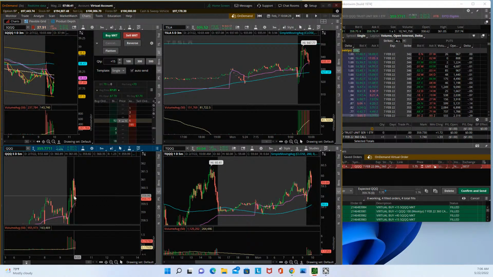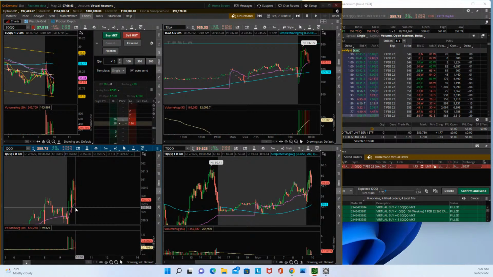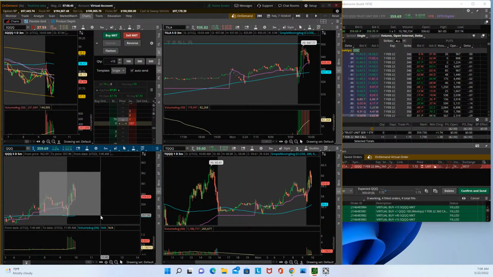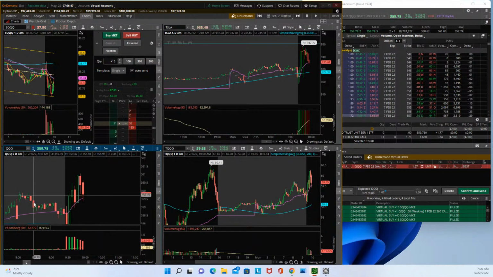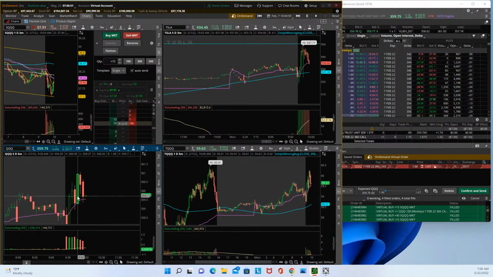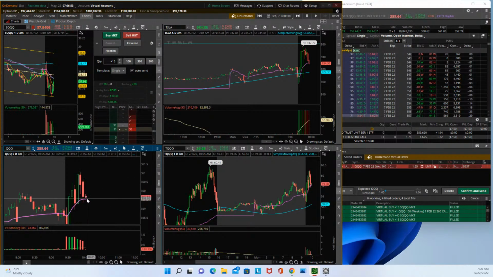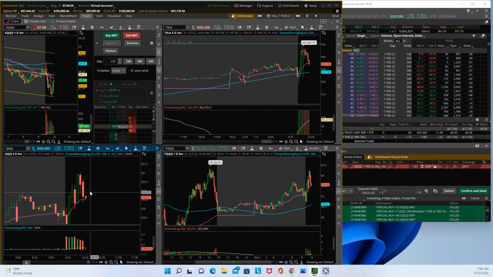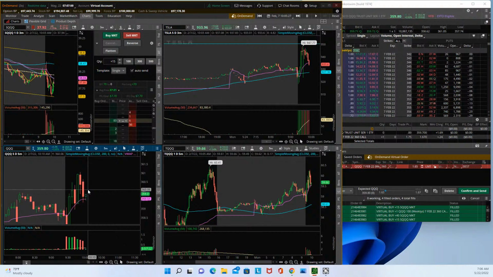Closing below this would really be bad for our case. Even closing at VWAP is not looking as good as before, but let's give it a chance.